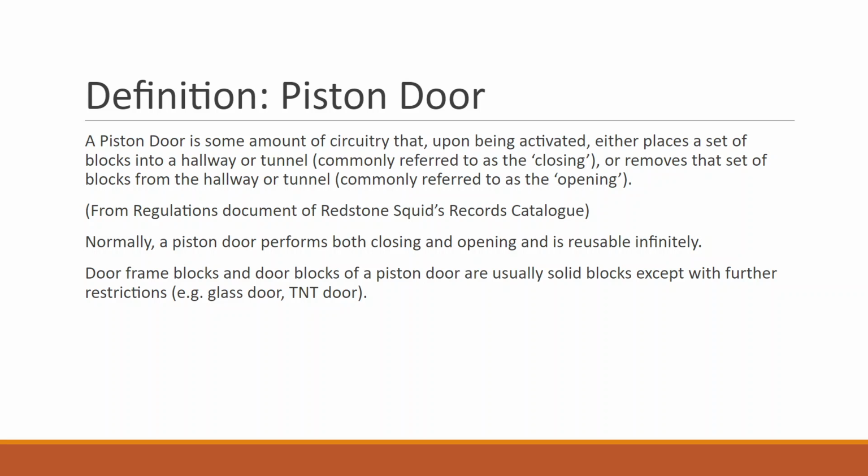But for some doors like glass doors and TNT doors, you can't really have any quartz as the door block. So for the glass door, you would have glass as the door block. And for a TNT door, it's even better because both the door frame blocks and the door blocks are all TNT. So, yep. If there are any further restrictions, then we would not use solid blocks for the door blocks or the door frame blocks, or both.